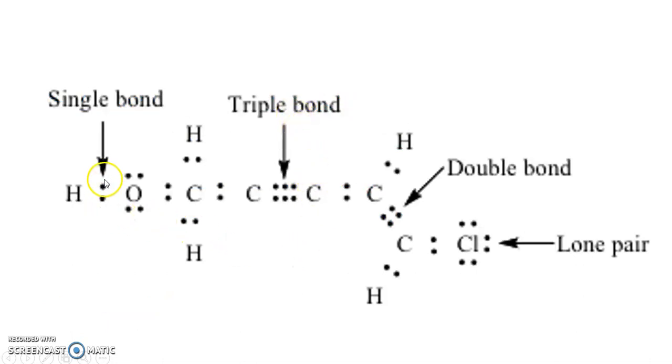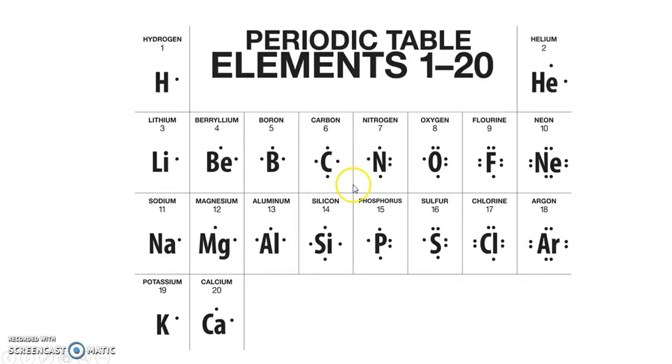Again, this is a single bond. It's a lone pair of electrons here on the oxygen. This is a single bond. This is a single bond, and this signifies a triple bond, and this is a double bond. And this is how you draw the Lewis dot structures. Please remember that. You have to show all of the dots, no dashes.